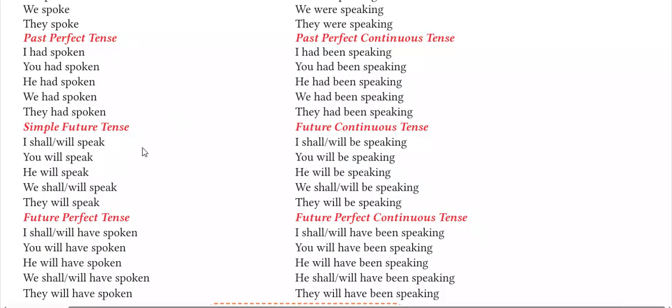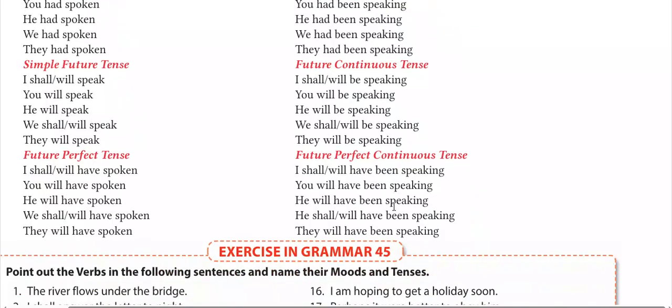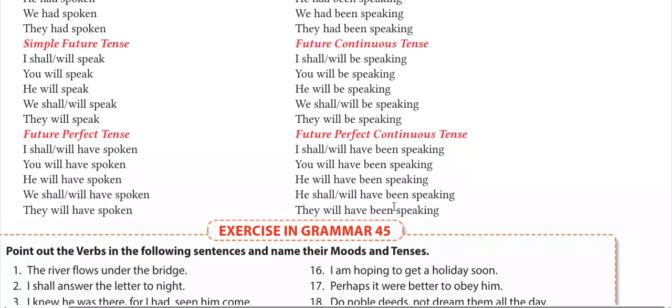Future simple to future continuous: I shall speak, I shall be speaking; you will speak, you will be speaking; he will speak, he will be speaking; we shall speak, we shall be speaking; they will speak, they will be speaking.